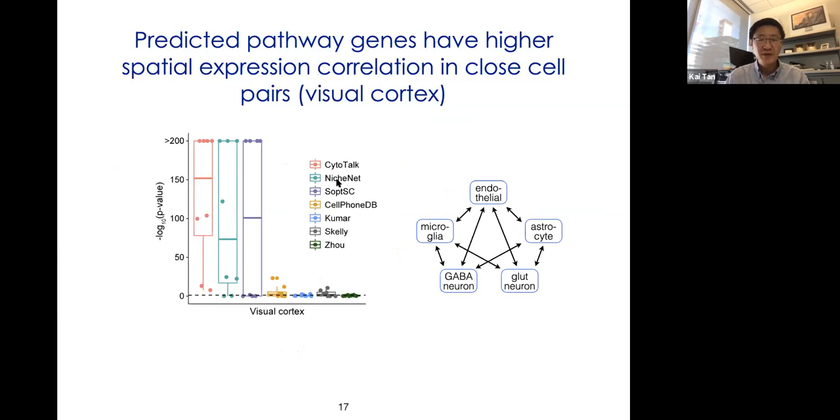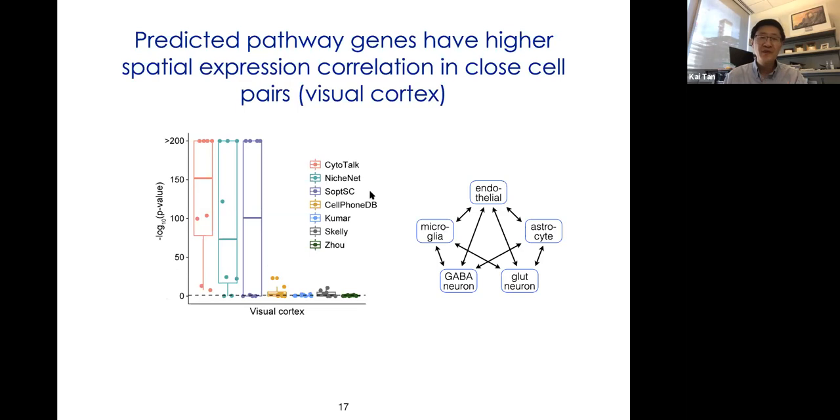These two other methods, NicheNet and SOPTSC, predict the entire pathway, but only based on known pathways, so they are not de novo reconstruction. So what you are seeing here on the y-axis is the p-value for the pathway gene expression correlation difference. So that's a long word, between close cell pairs versus distant cell pairs.